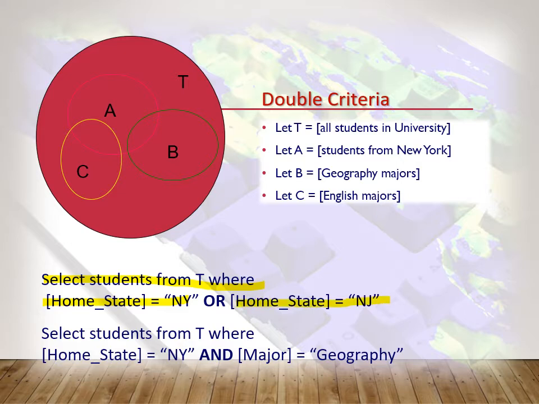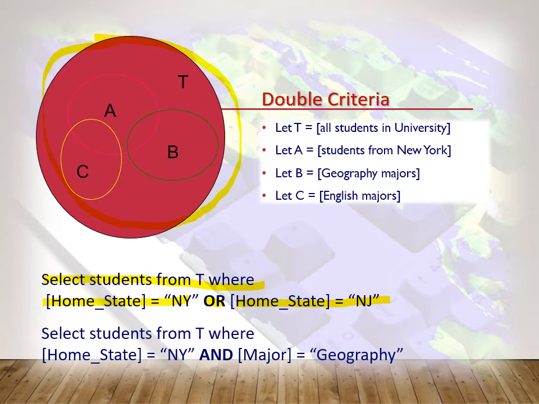Of course, we don't have New Jersey represented in this Venn diagram, but basically when you use this OR, that's a Boolean operator. When you use that OR, it actually means that you're including both students from New York and students from New Jersey. This is where it can get kind of tricky. The OR usually yields a larger data set because it doesn't matter if you're in New York or New Jersey, you will be selected.